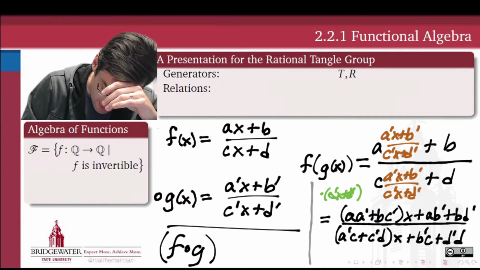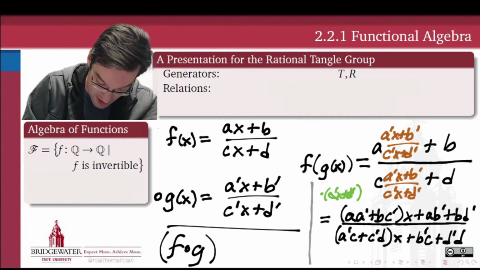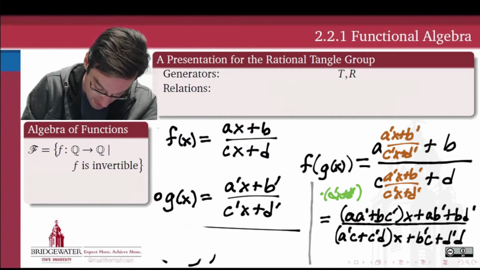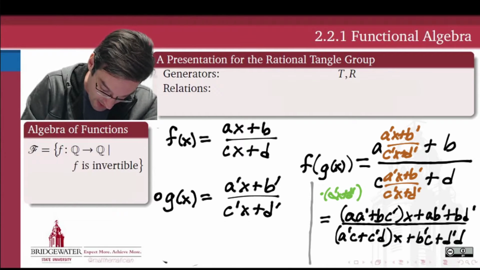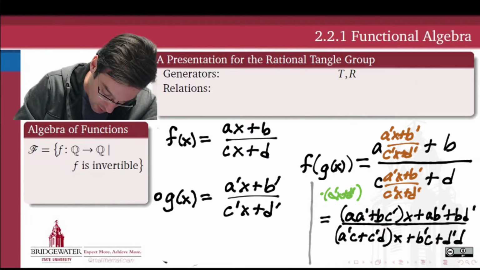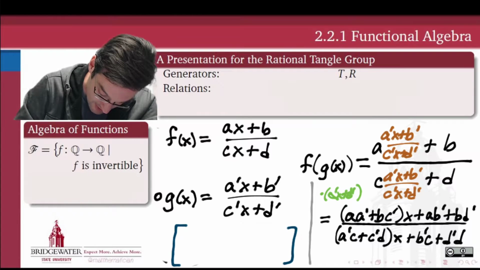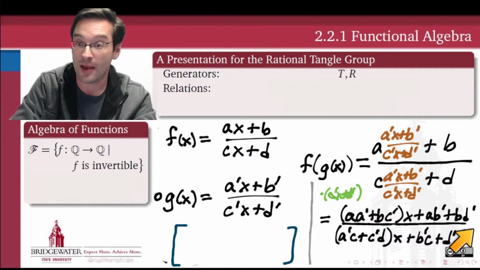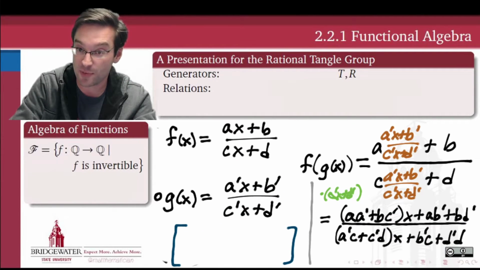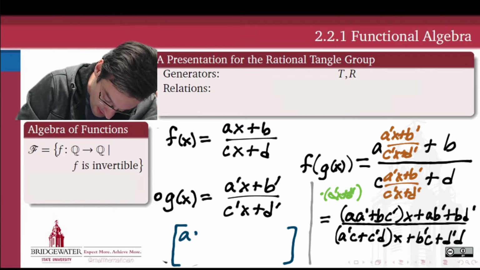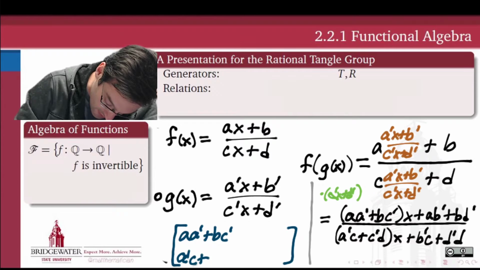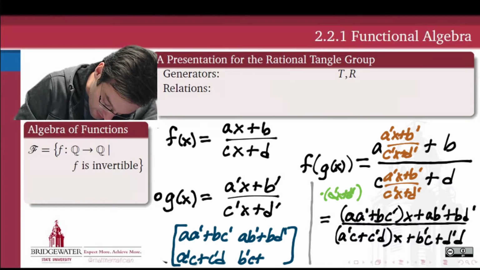And so what you're meant to notice, and this is the genius of Mobius transformations, is that if I just look at the coefficients of the x and the constant, and I just sort of take them out of this context, and put them into a little array here: a prime plus b c prime, a prime c plus c prime d, a b prime plus b d prime, and then b prime c plus d prime d.